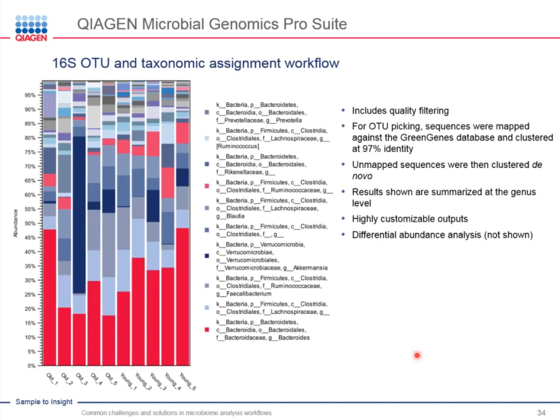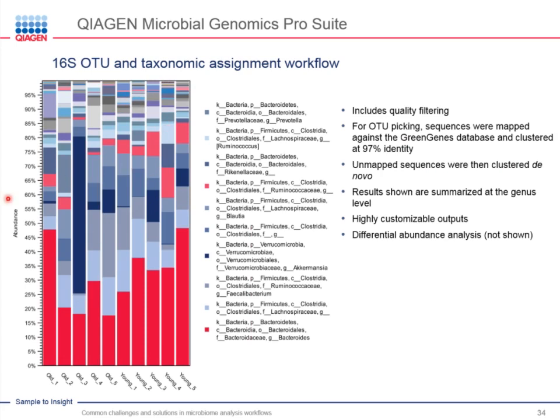Also, reads which were not mapped directly were clustered and analyzed de novo. Here already, on the left side the old and on the right side the young individual samples, it seems to me that we have a higher variation or a higher diversity in our young individuals, as you can see here. Many more different bars compared to the older individuals.